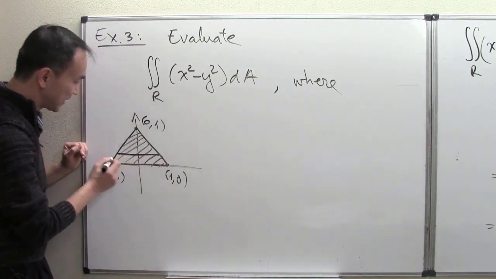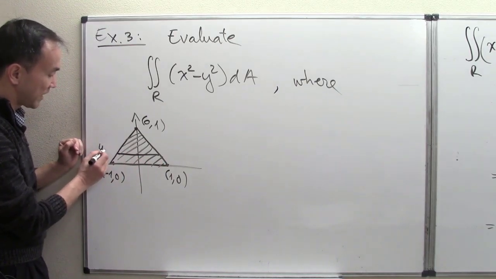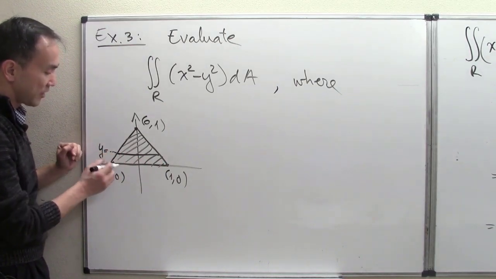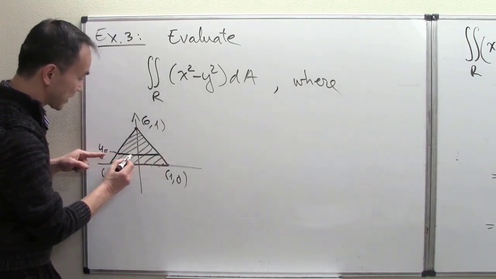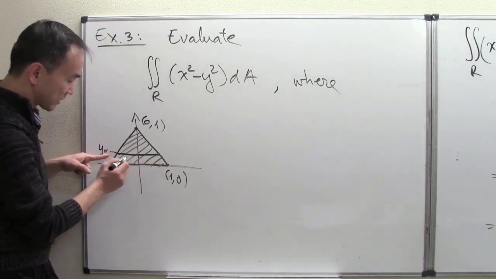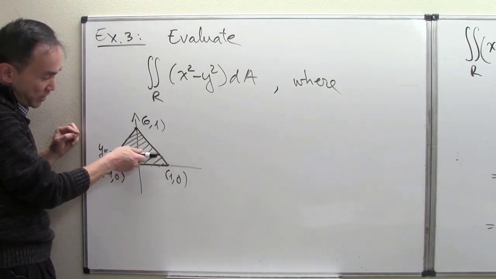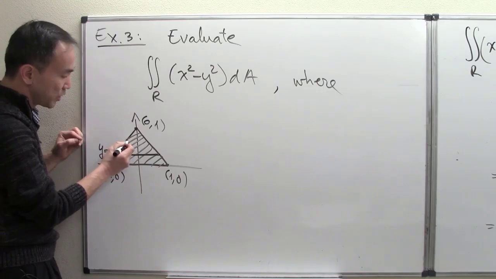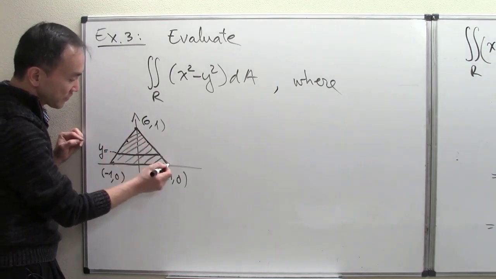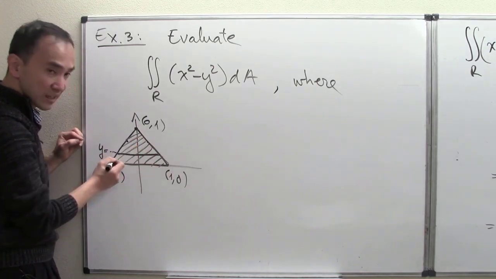I'm going to fix a particular y value right here, and I'm going to produce for myself a horizontal stripe. No matter where you're tracing up and down your horizontal stripes, it's always going to be between the 2 edges here. There's the right edge and there's the left edge.